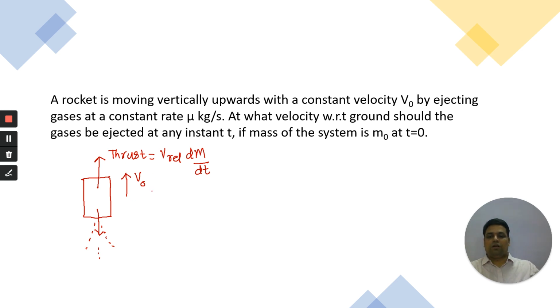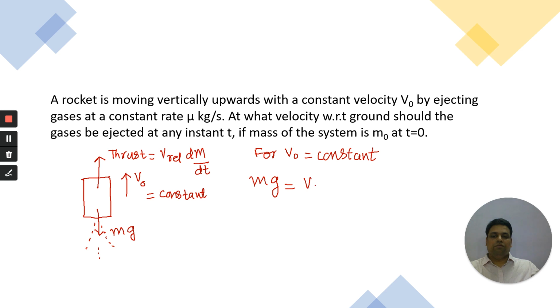For it to have the constant velocity, the thrust that is upward acting on the rocket should be balanced. Definitely, it should be balanced by the weight of that system at that instant. So for V naught to be constant, the downward mg at any instant should be balanced by V relative dm by dt.